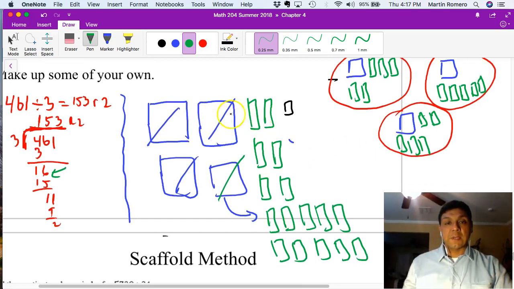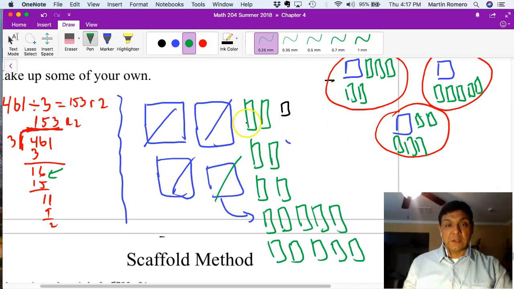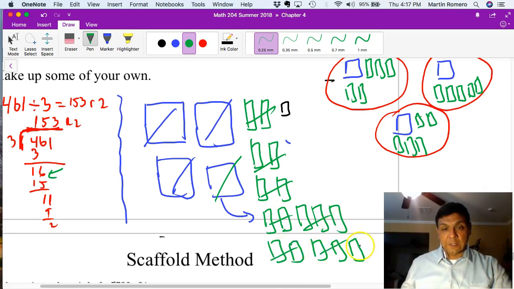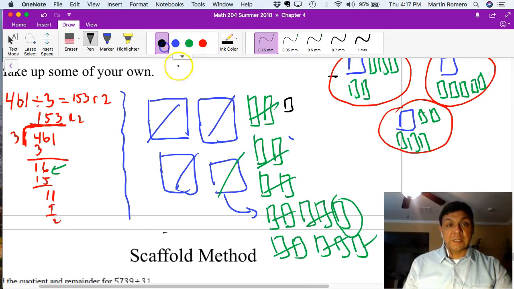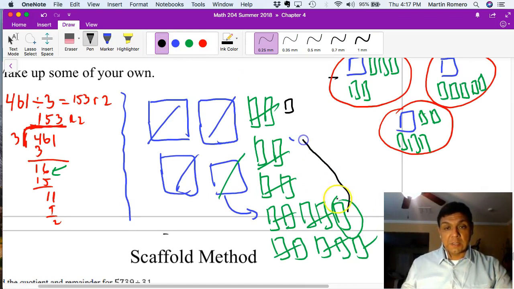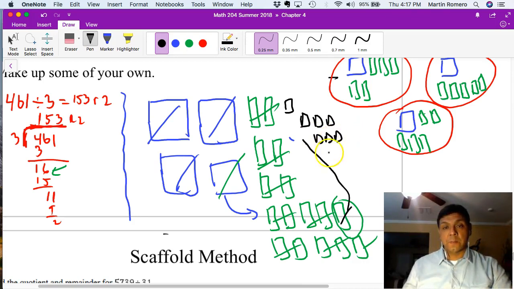That means I've put out 15, so that's all of them: 2, 4, 6, 8, 10, 12, 14, 15. You can see there's still 1 left. So this one becomes 10 ones, 6, 7, 8, 9, 10.